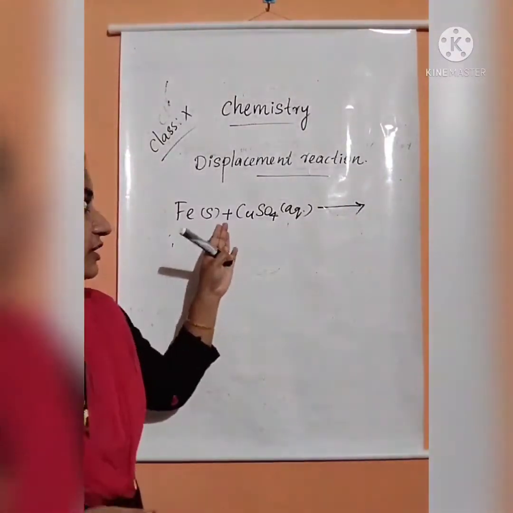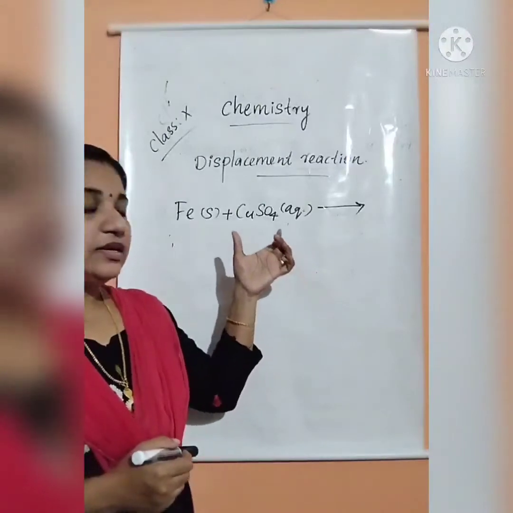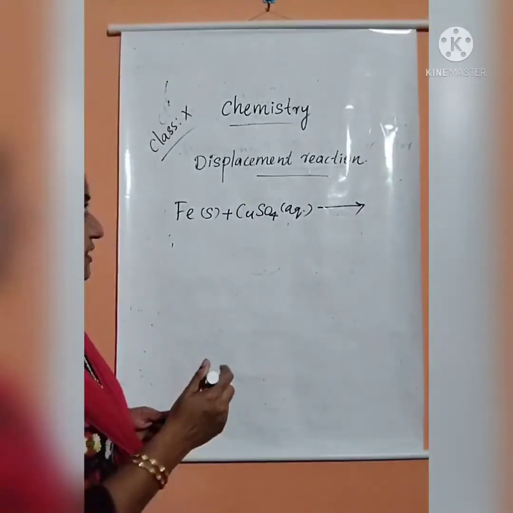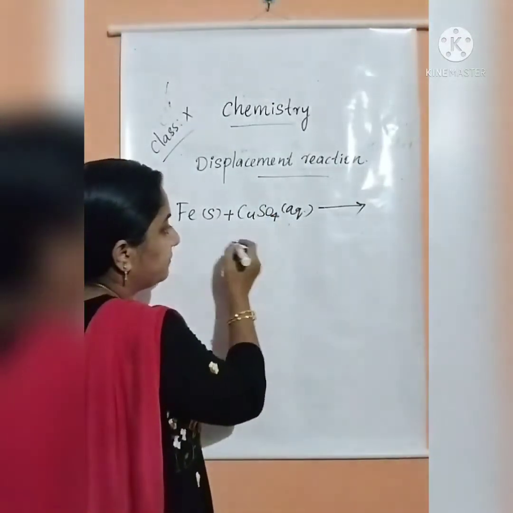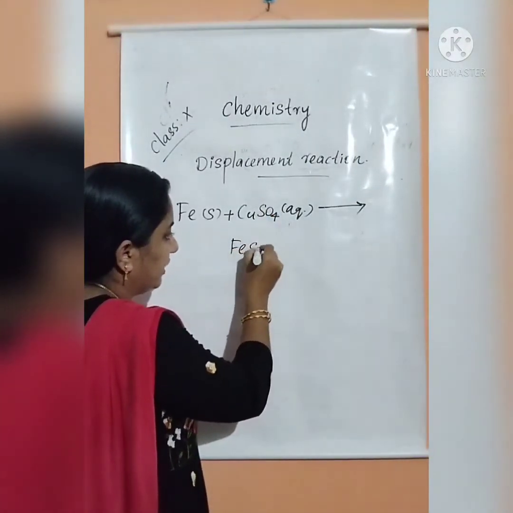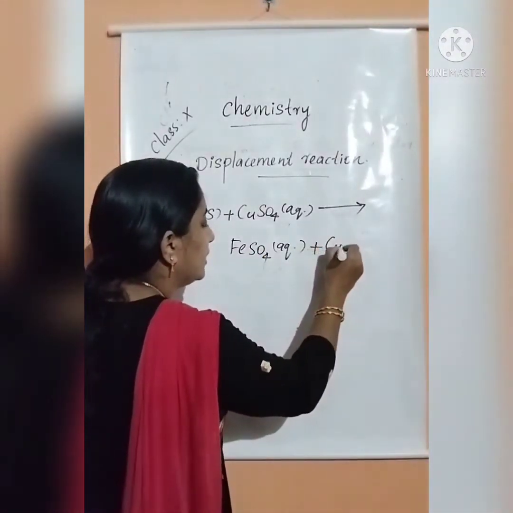In this activity, the reaction that takes place is iron reacts with copper sulfate, and the products are iron sulfate and copper.